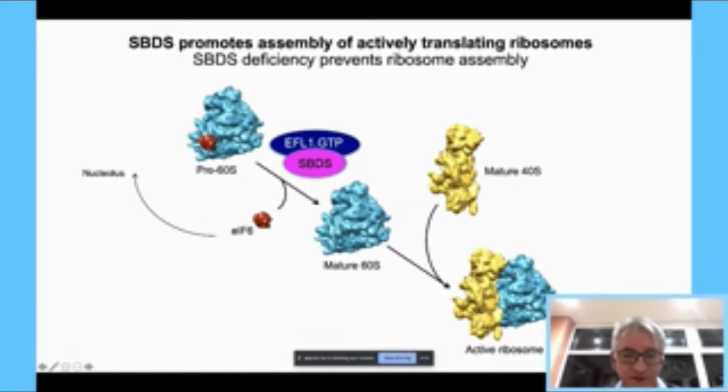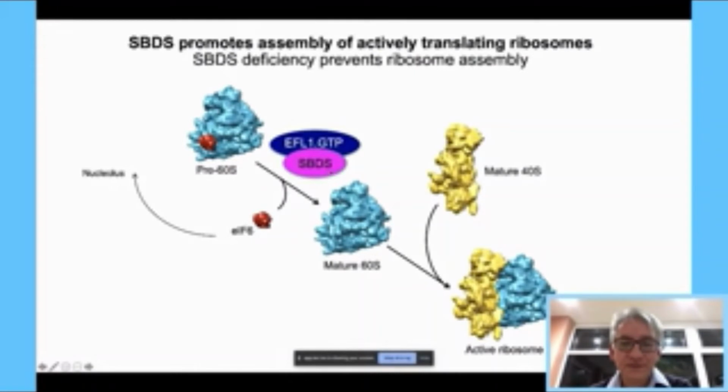So there's a joining defect, as it's termed, and this reduces the amount of mature, actively translating ribosomes in the cell, and the cells make less protein, and that's why we see the different clinical phenotypes. It's as a result of the reduction in protein synthesis in the cell.